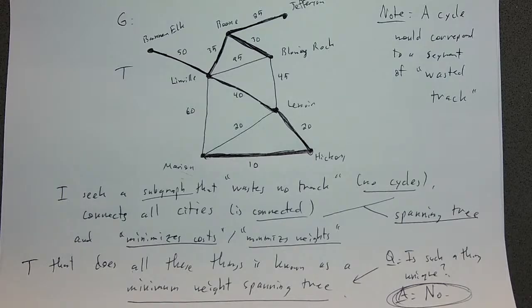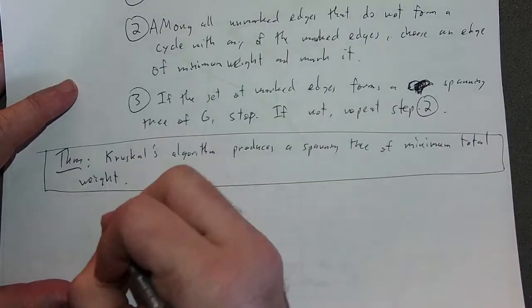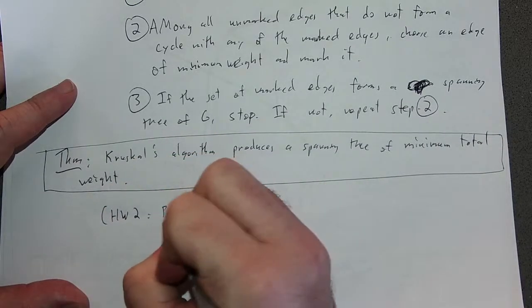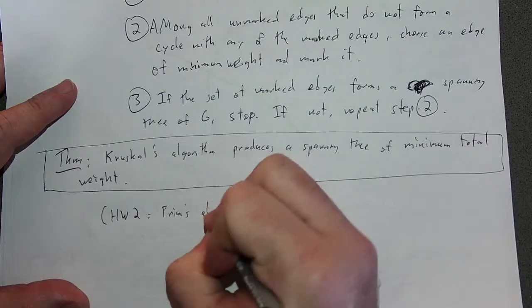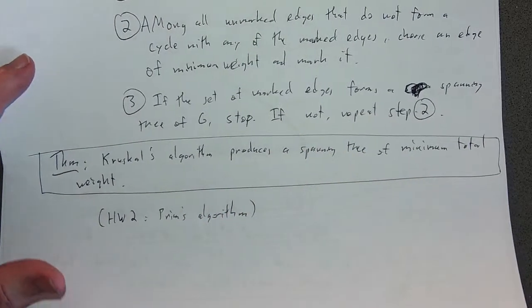And so that is one algorithm for finding a minimum weight spanning tree. It is definitely not the only one. There are others. You're going to see an example of another in homework 2: Prim's algorithm, which is similar. You can convince yourself that it equivalently always gives a minimum weight spanning tree.